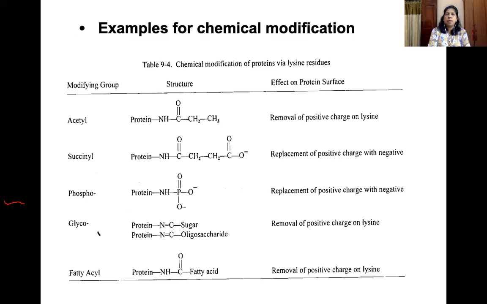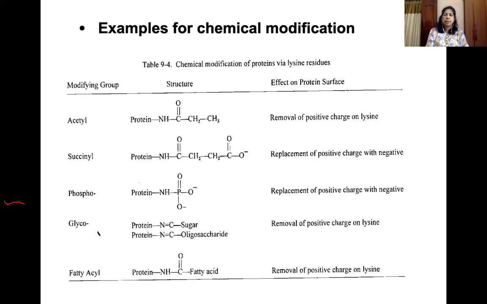So when we talk about the chemical modification of proteins via lysine residues, the modifying group can be acetyl, succinyl, phosphor group, glyco group or fatty acid groups that you can put there. Accordingly, the protein is combined with the other group. Therefore, the effect on the protein surface is removal of positive charge on lysine.